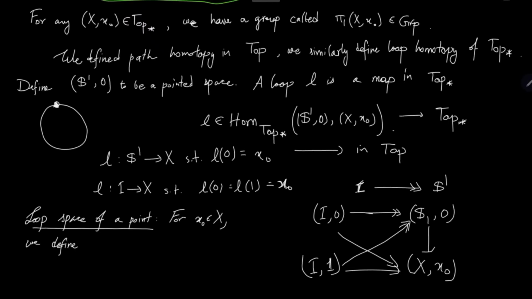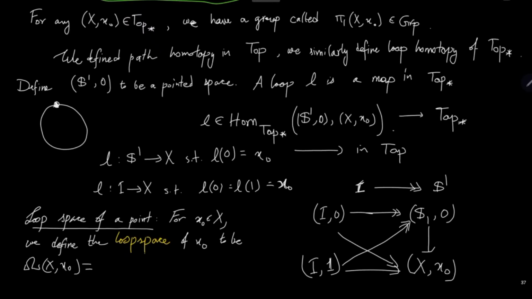We define this fancy name, the loop space of x naught, to be omega of x comma x naught.